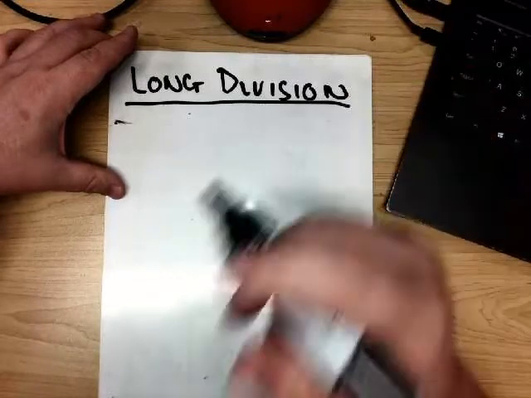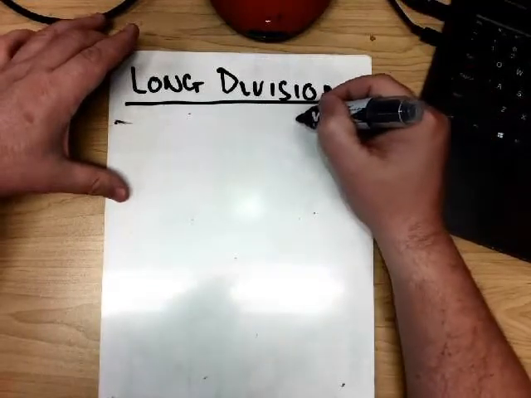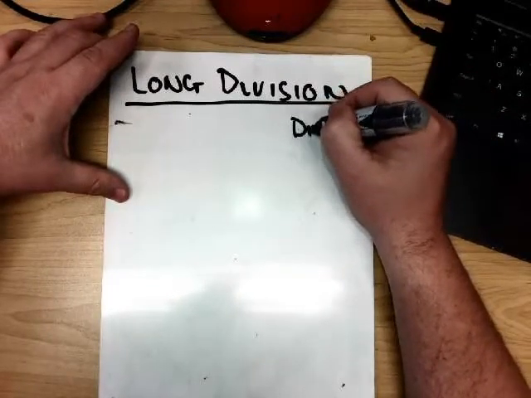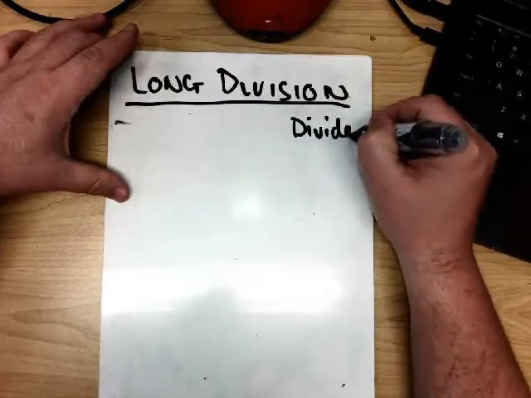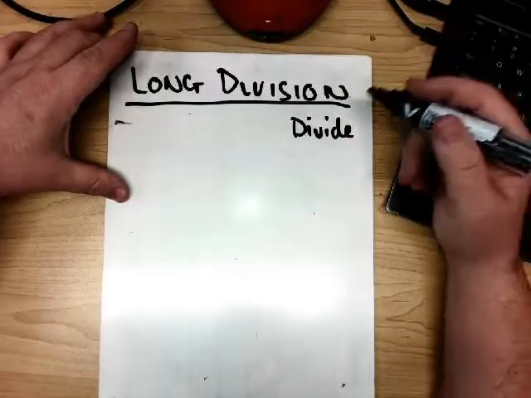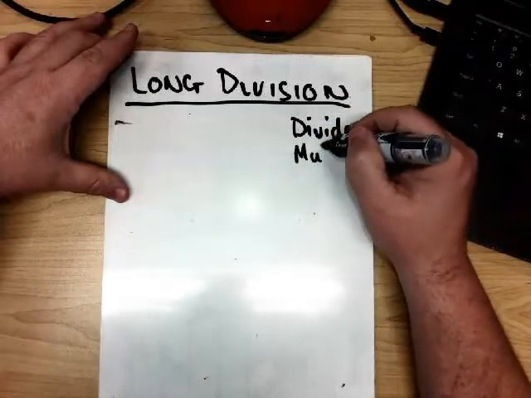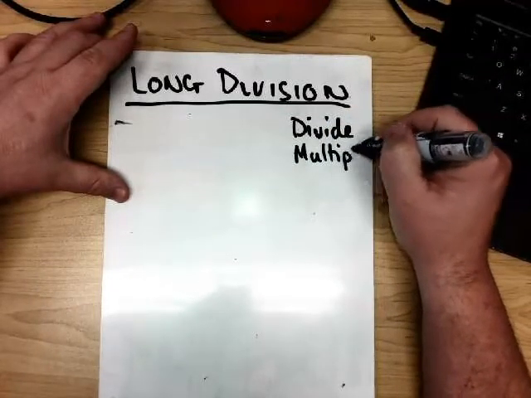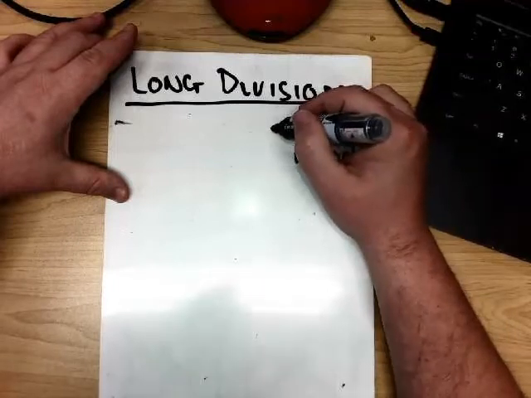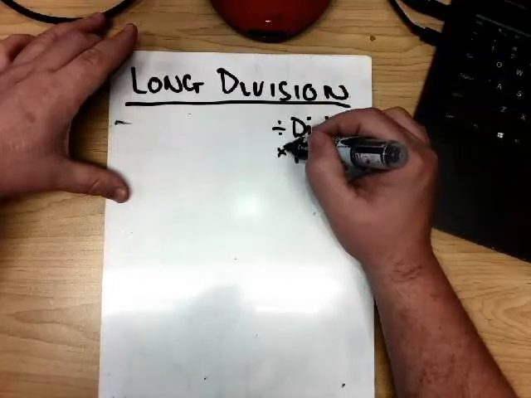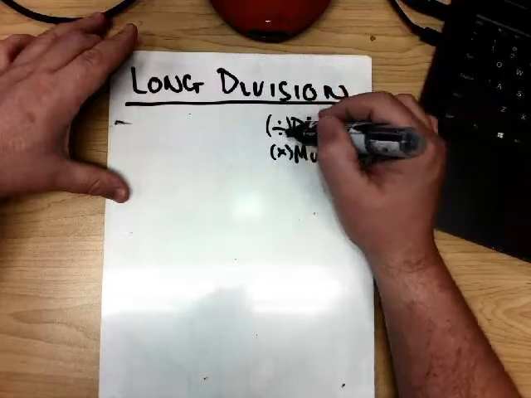So first step is divide, which makes sense. That's what we're doing, right? You'd imagine that's part of it. Then we go multiply. That little symbol there.